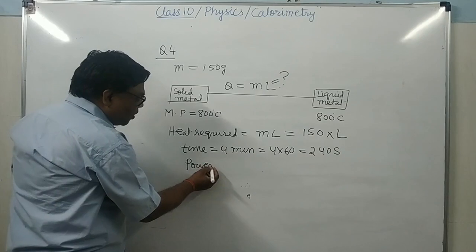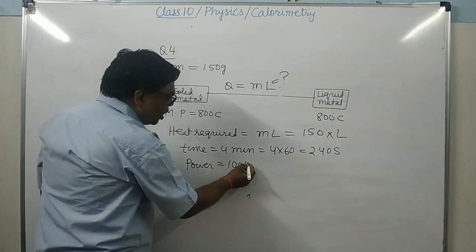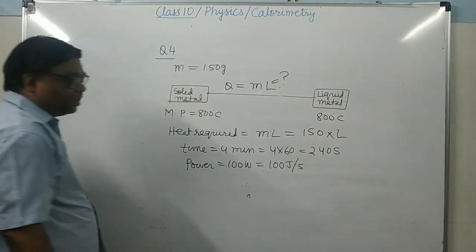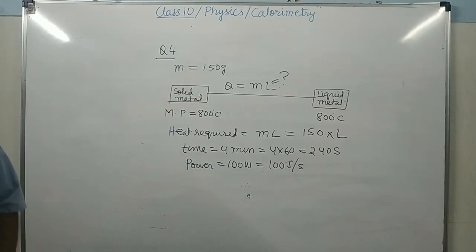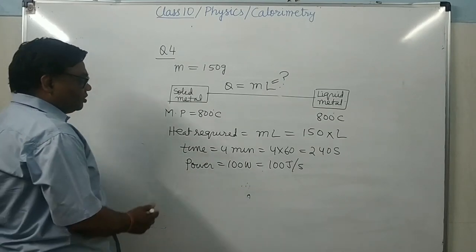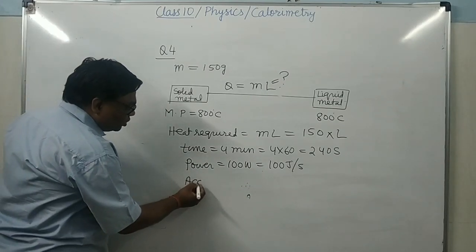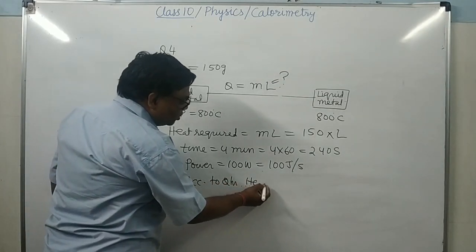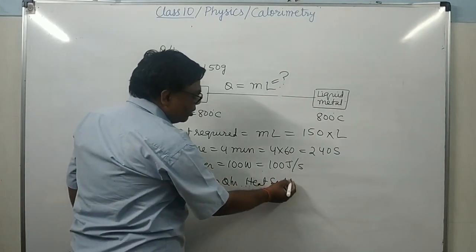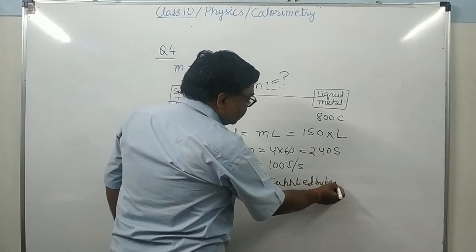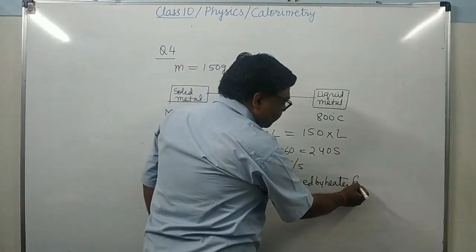The heater supplies this much energy per second and the change takes place in 240 seconds. So according to the question, heat supplied by heater for melting.